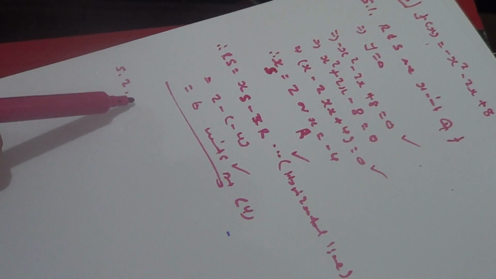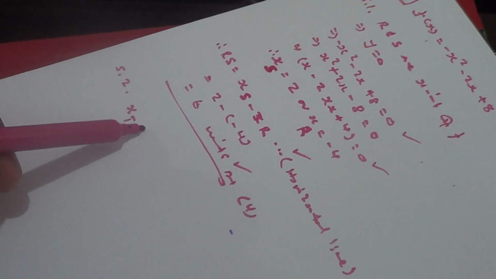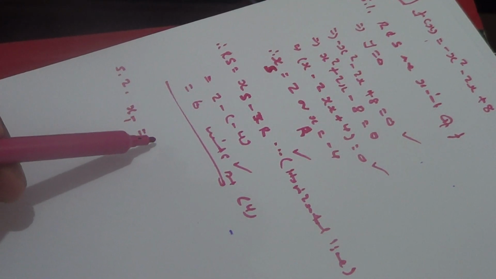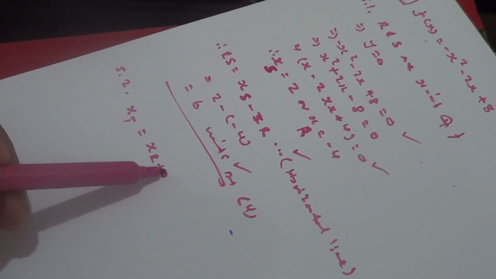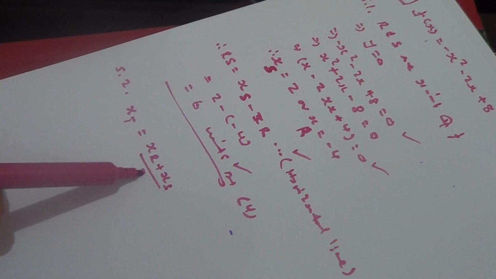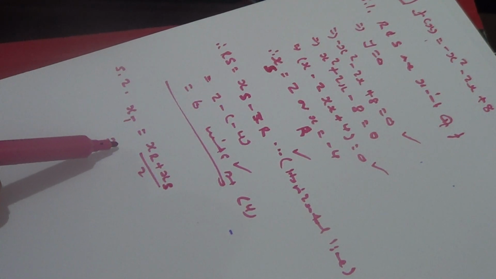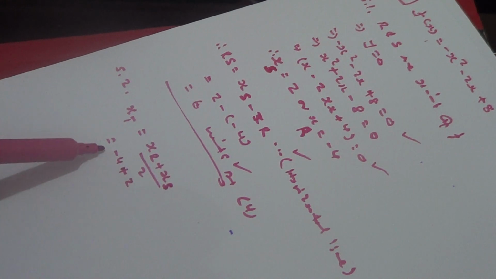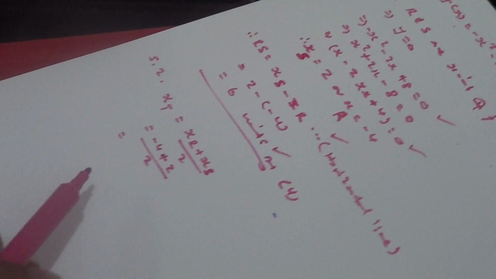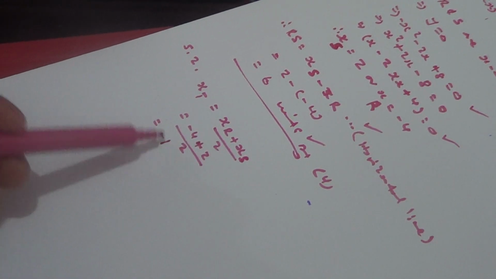So I know that x at T is going to be equal to x at R plus x at S, all that over 2. That's what I know. X at R was minus 4 plus 2 over 2, which is minus 2 divided by 2, which is minus 1.